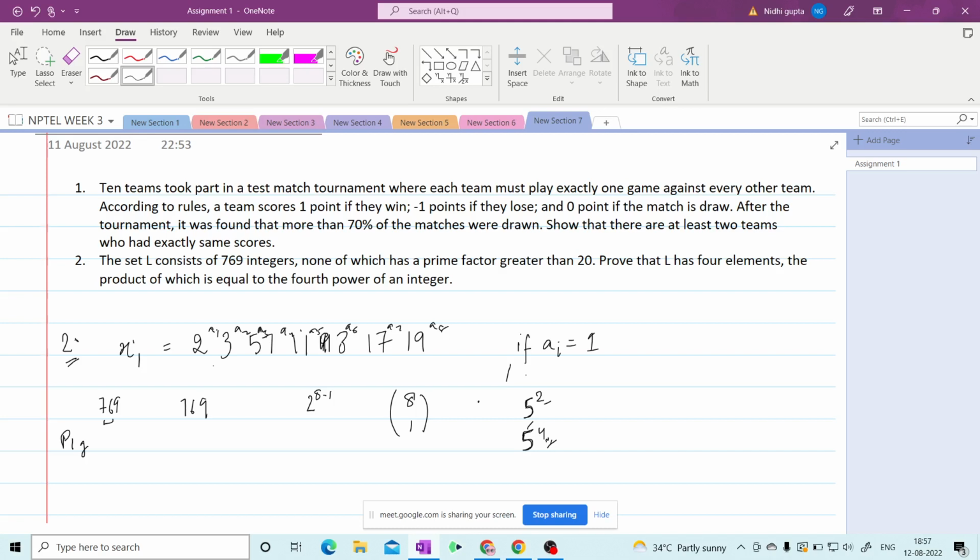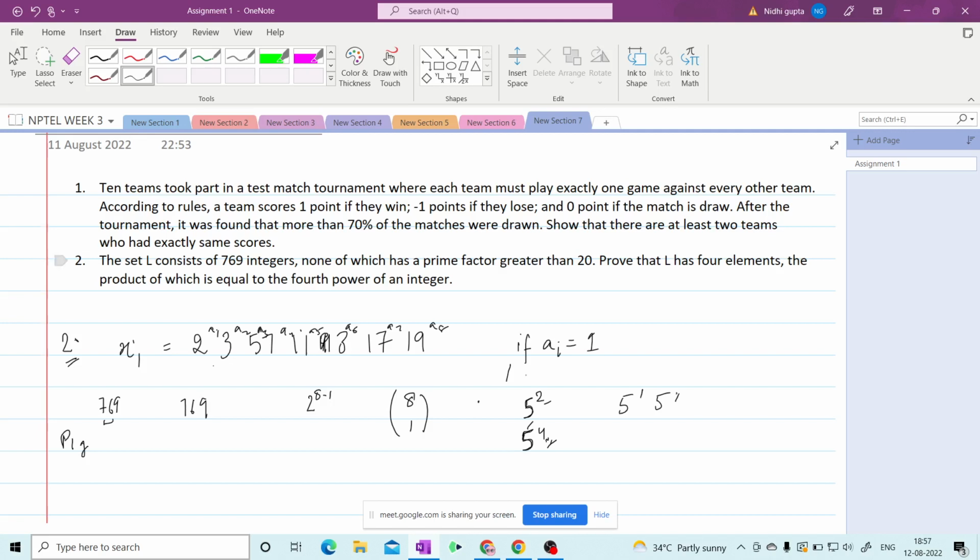Let's say 5 raised to the power 1 is there, and the same 5 raised to the power 1 is there. It's only about even and odd. So now if I multiply, the square root of this will not become a square. That's why we need to remove those numbers, I think. I may be wrong somewhere.